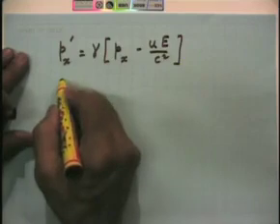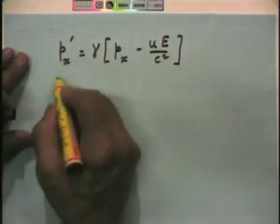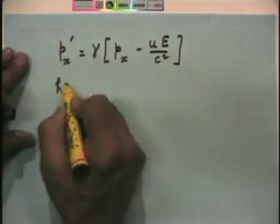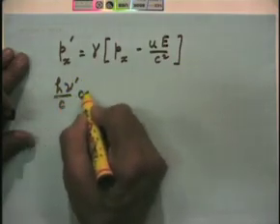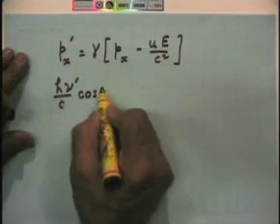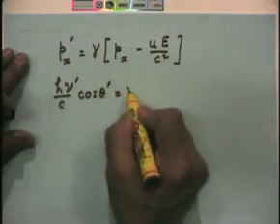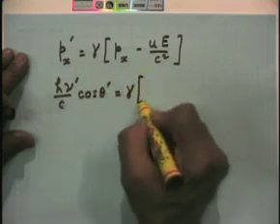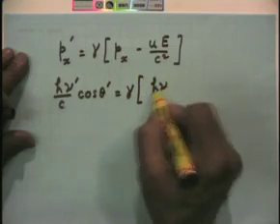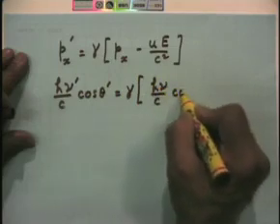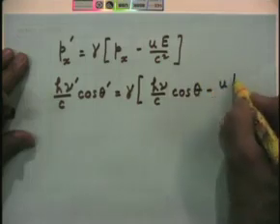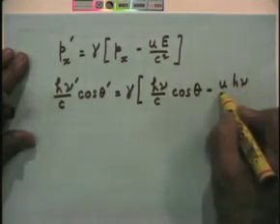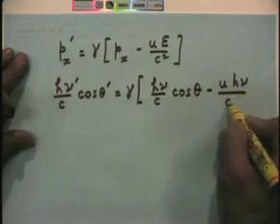So, p x prime, the x component of the momentum, that is h nu prime by c into cos theta prime, is equal to gamma into p x, that is h nu by c cos theta, minus u times h nu, that is E, by c square.